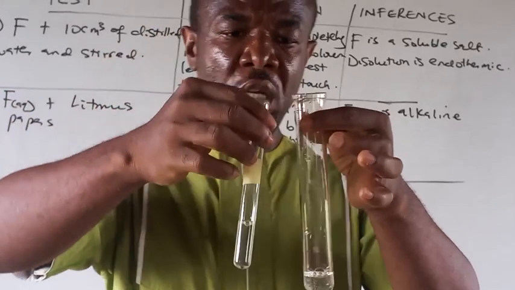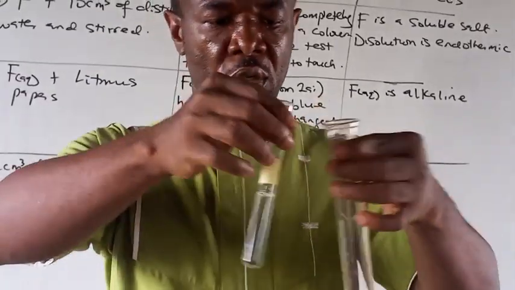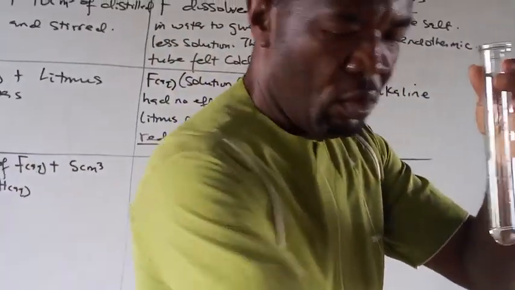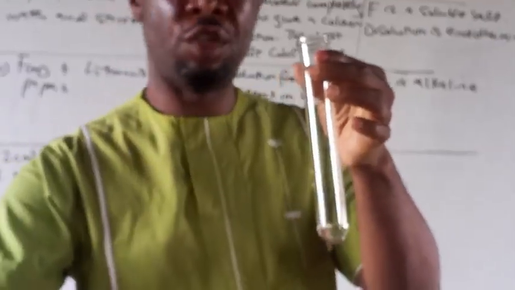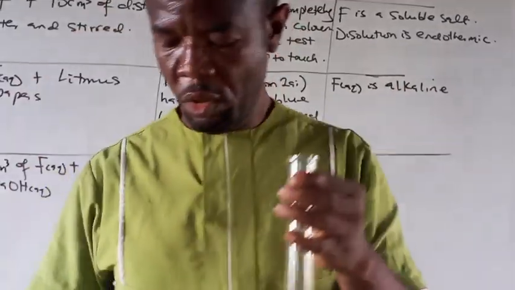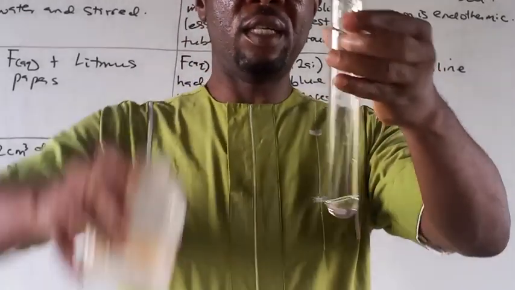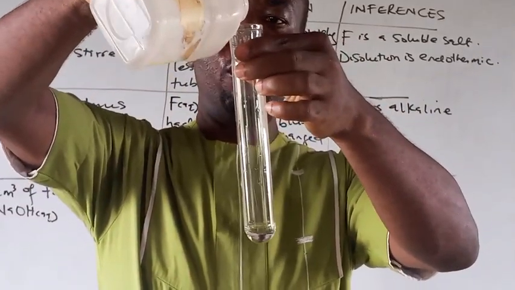Before we heat, remember that we are told to add sodium hydroxide first. So that's enough quantity. So I'm going to add NaOH, sodium hydroxide, to this F. So let's add and observe.